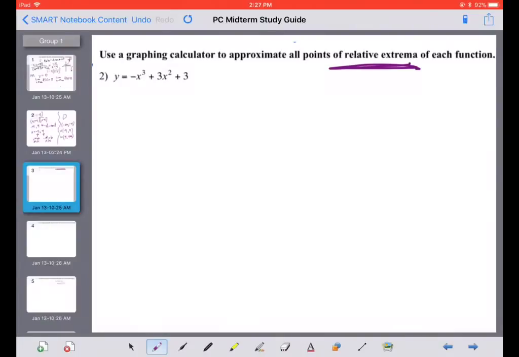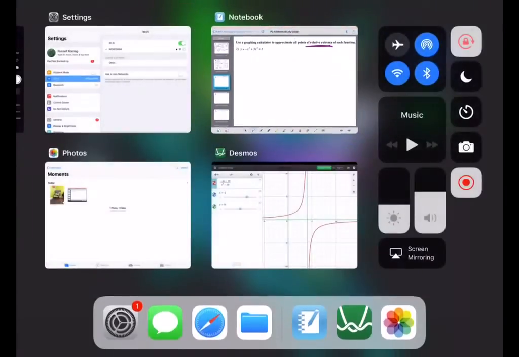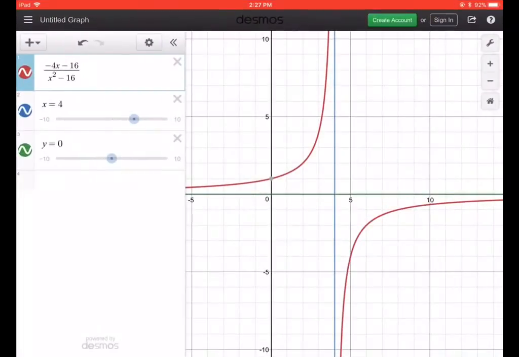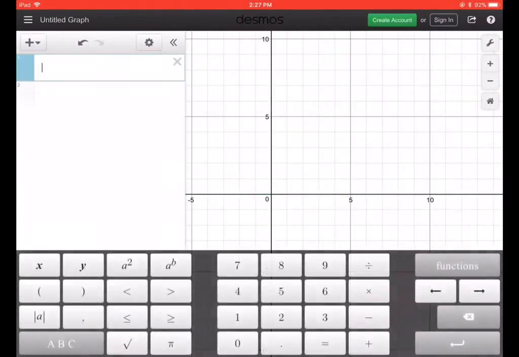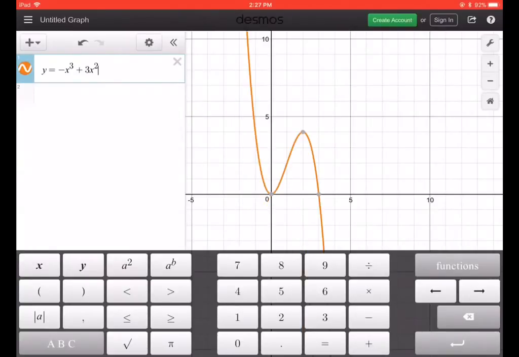So let's go back to Desmos and graph this and just use that graph to check for local extrema. On our test, you won't be allowed to use Desmos, so make sure you are familiar with using your graphing calculator. Here we have negative x to the power of 3, plus 3x squared, plus 3.